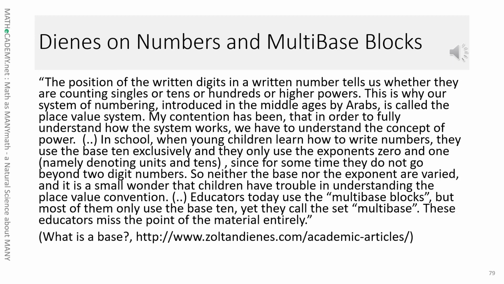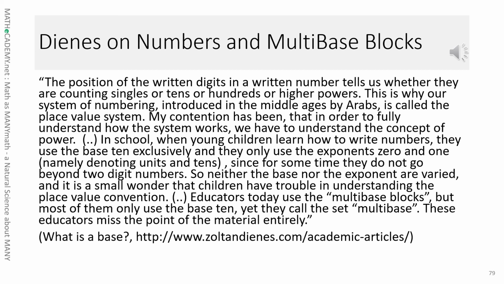Dienes on numbers and multibase blocks. The position of the written digits in a written number tells us whether they are counting singles or tens or hundreds or higher powers. This is why our system of numbering, introduced in the Middle Ages by Arabs, is called the place value system. My contention has been that in order to fully understand how the system works, we have to understand the concept of power.